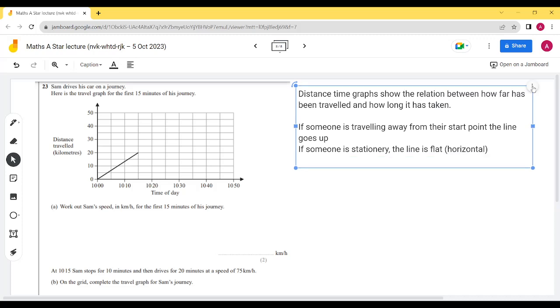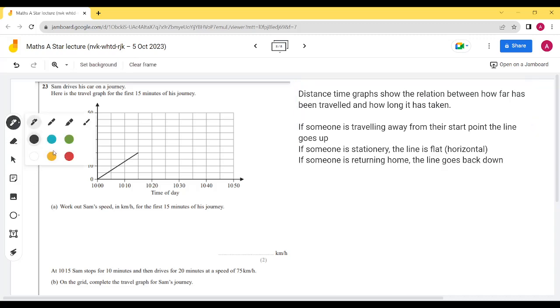And then this, I don't think it's on this particular question, but if someone is returning home, the line goes back down. So say if it said, in this case, Sam then drove home, you would have a line which was the opposite of the one we can see.